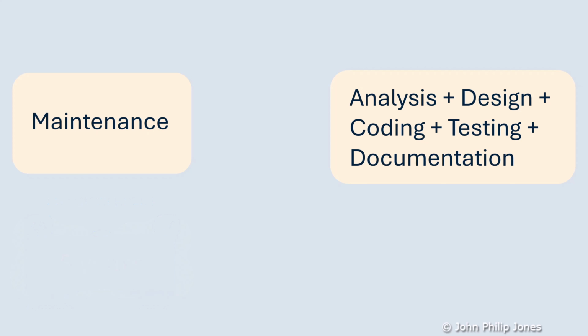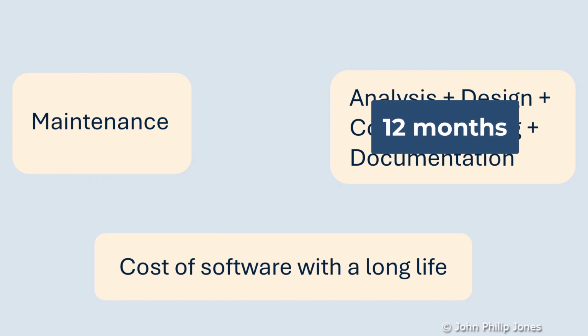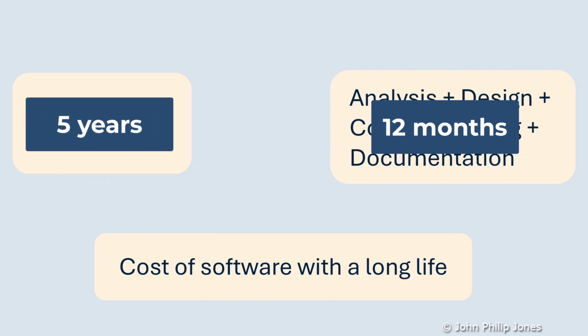So it is legitimate to ask, what's the cost of the software with a long life? Now that means from the moment you started the analysis through to when the customer is most probably going to finish using the software. So we said it took 12 months to develop the software, and then we had to support it in the maintenance phase for 5 years.